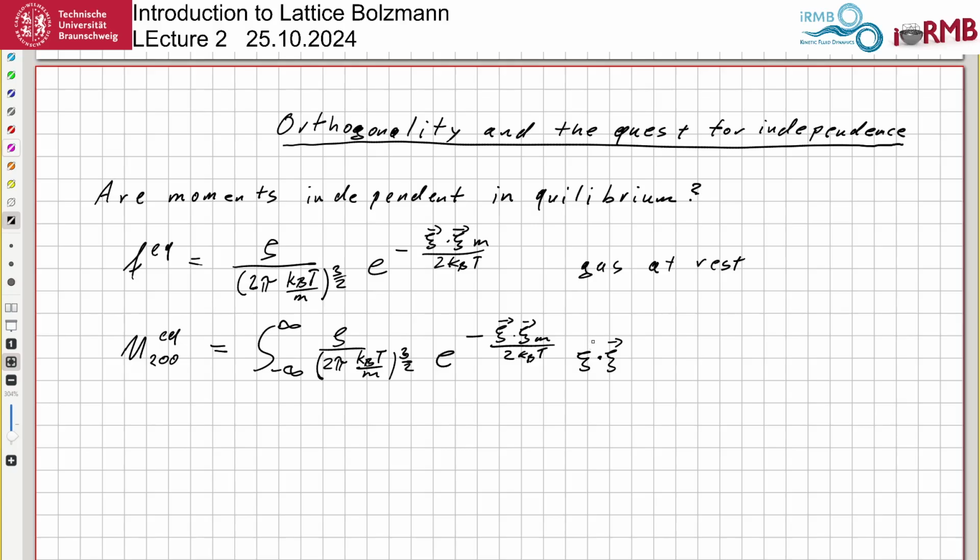Not vector, because we are only looking at 2. The other one would be the sum of them, right? So 2, 0, 0. This is why it's not vector, it's xi square.